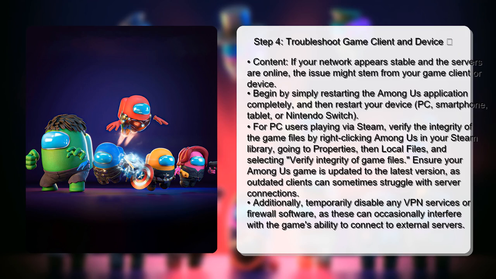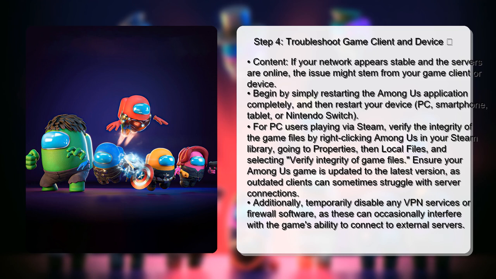Step: troubleshoot game client and device. If your network appears stable and the servers are online, the issue might stem from your game client or device. Begin by simply restarting the Among Us application completely, and then restart your device, smartphone, tablet, or Nintendo Switch.